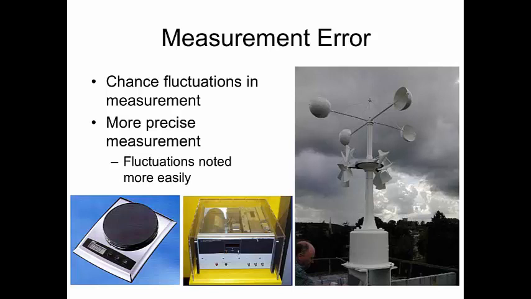It's ironic, but actually the more precisely you can measure something, the more likely it is that you'll be able to see these chance fluctuations. If you have a very coarse measurement, and it only measures things in big units, then perhaps a small change wouldn't even register. It's not sensitive enough. When you have incredibly sensitive instruments, it picks up all little things.